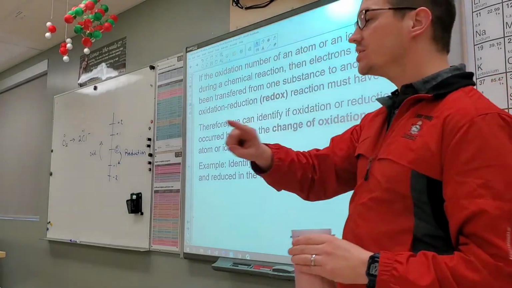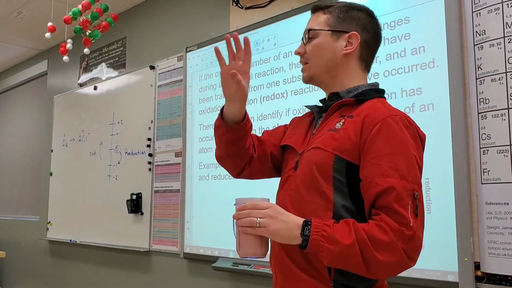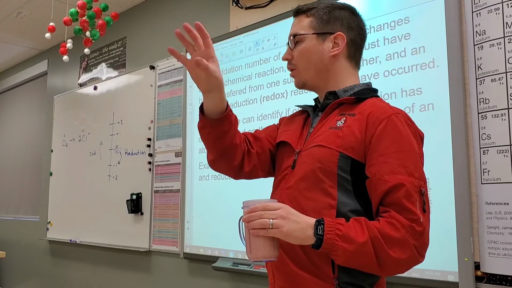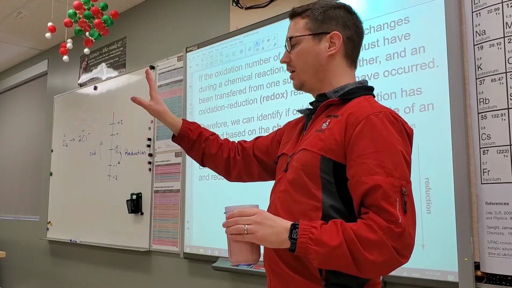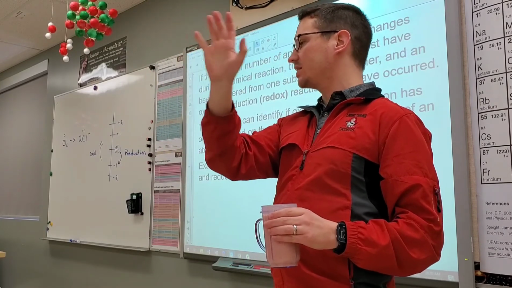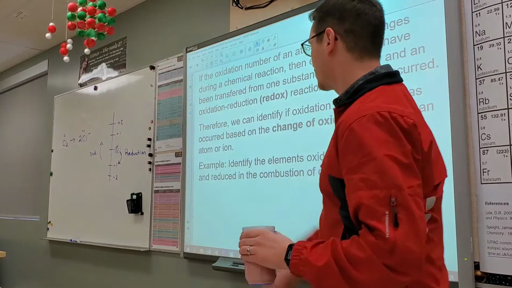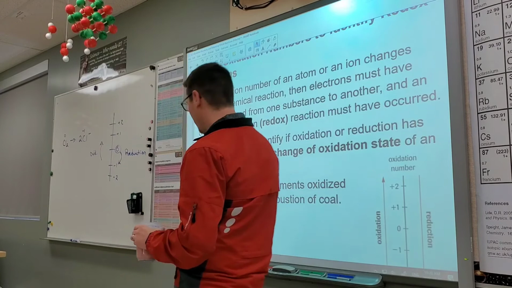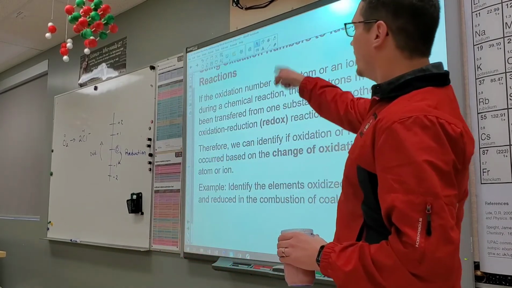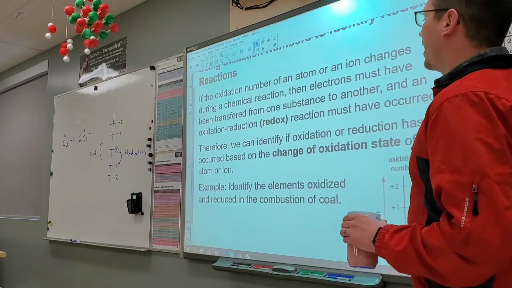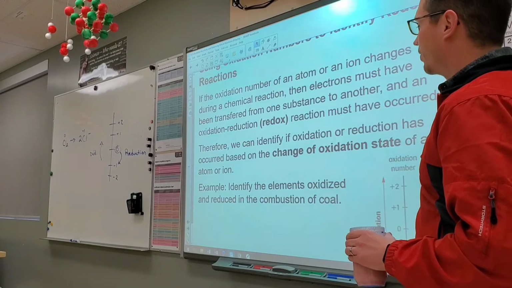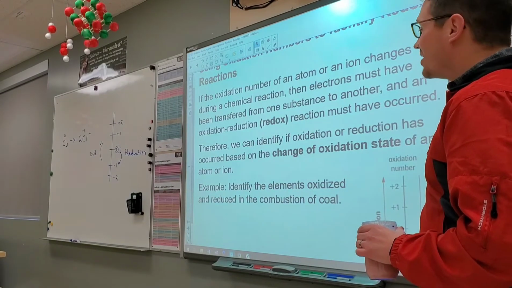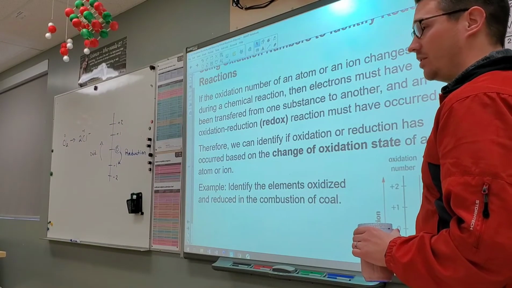If something loses electrons, it's because the electrons were transferred from one thing to another. You always have something being oxidized and something being reduced. So we call them redox reactions, because you can identify the thing being oxidized and the thing being reduced. If the oxidation number of an atom or an ion changes during a chemical reaction, then electrons must have been transferred.